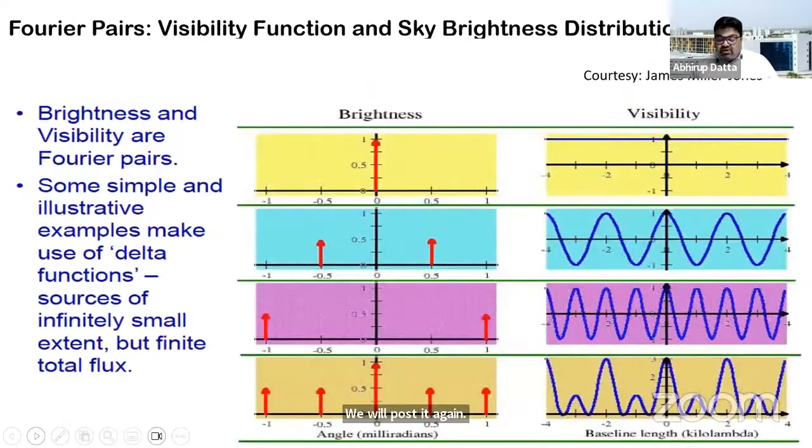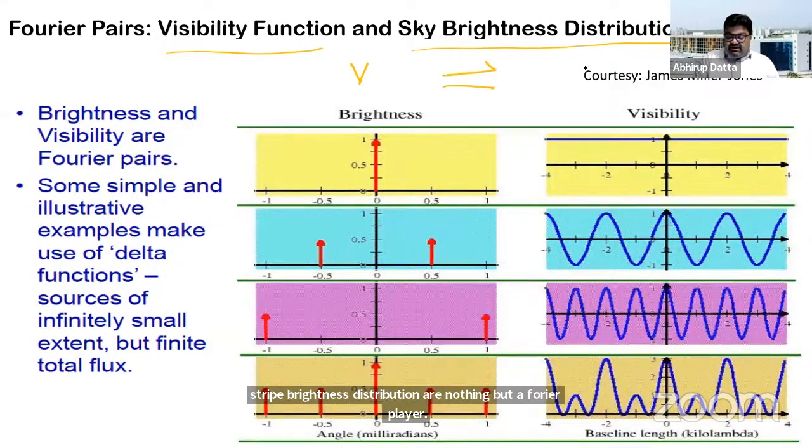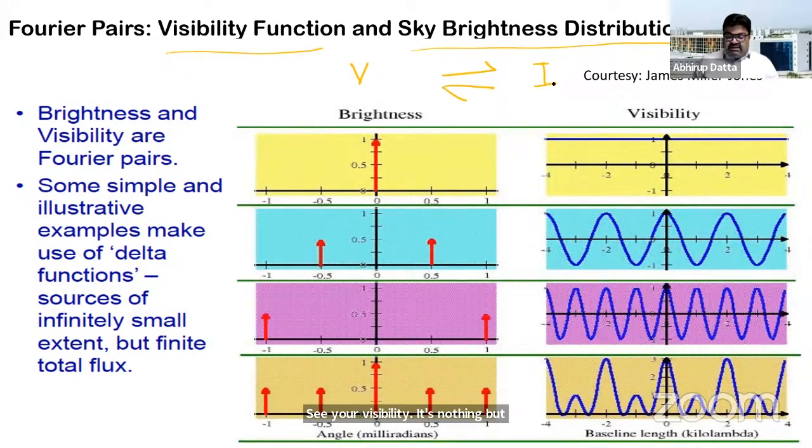Let's go forward. So the visibility function and the sky brightness distribution are nothing but a Fourier pair. So your visibility V is nothing but a Fourier pair of the sky brightness I. Here we are assuming, just for simplicity, that A is equal to 1. Okay, unity. It's normalized, completely flat. Very ideal case.